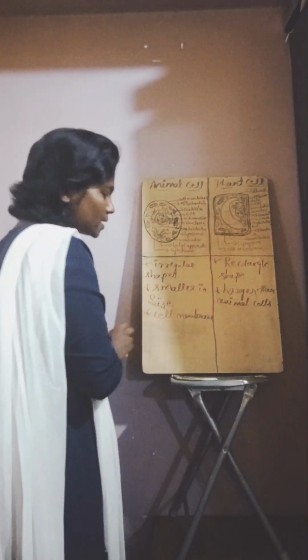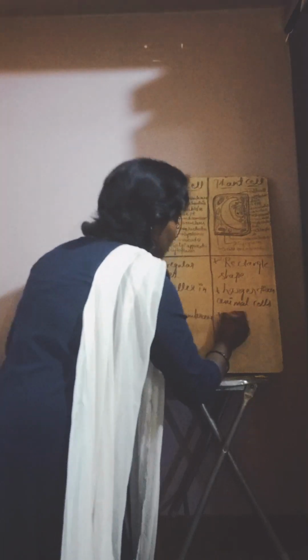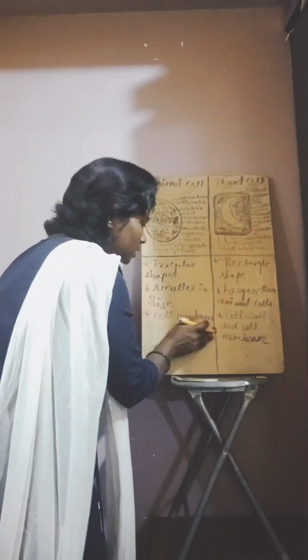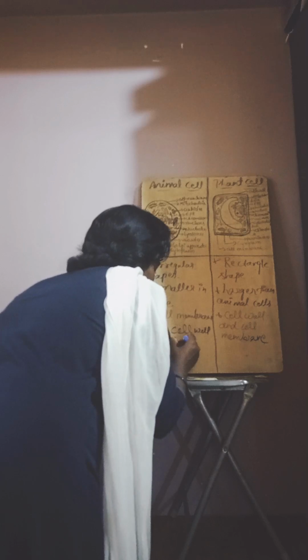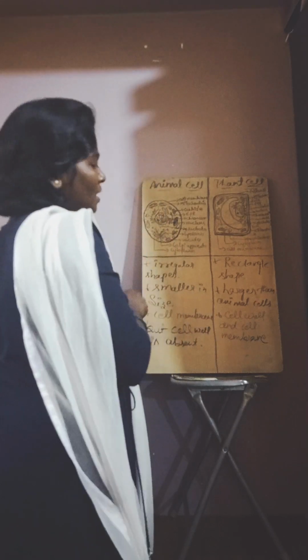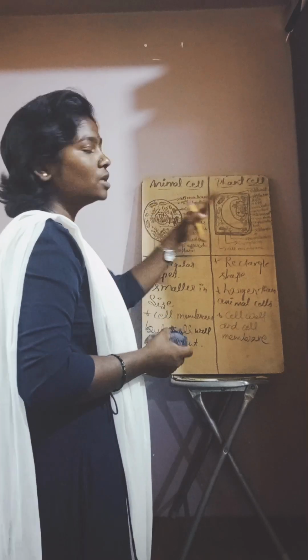Okay, they are covered by the cell membrane, and the plant cells are covered by a thick layer that is called the cell wall, and the cell membrane. But in animal cells, the cell wall is absent. Okay, now we will see the further differences between these two cells.